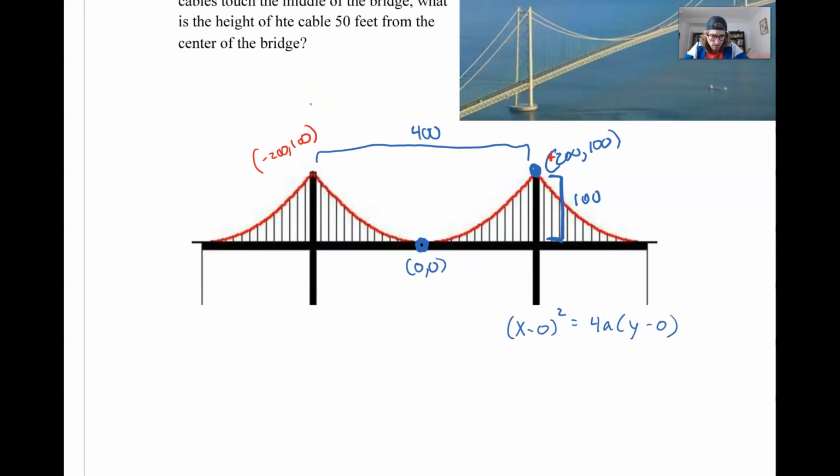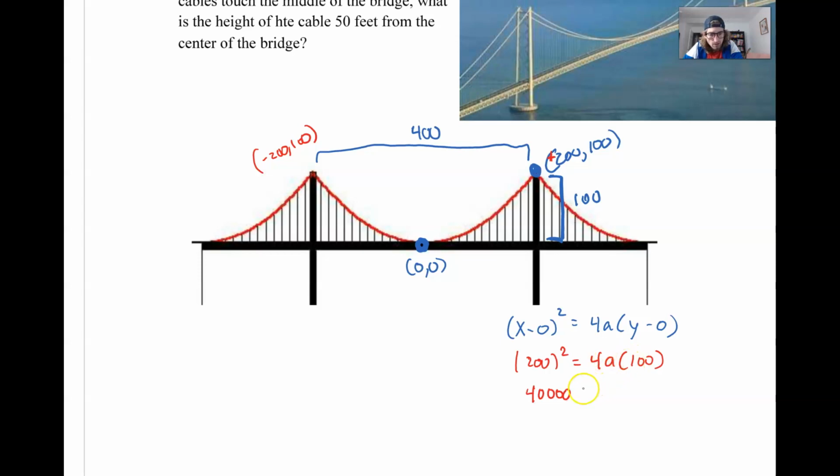That allows us to start our equation. (x minus 0) squared equals 4a times (y minus 0). Again, it opens up, so the x is squared, and the thing in front of the y is going to be positive. We can plug in one of our points, 200 for x, 100 for y. 200 squared is 40,000.